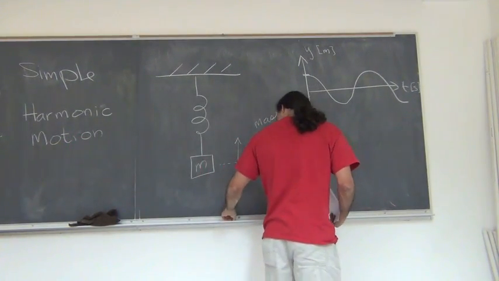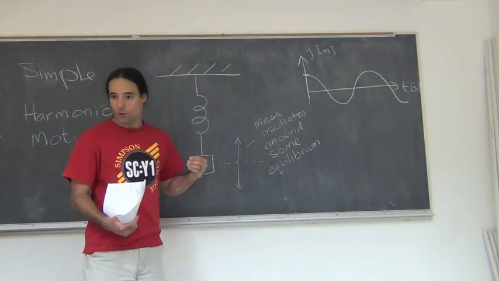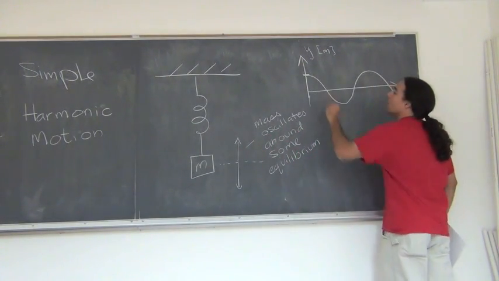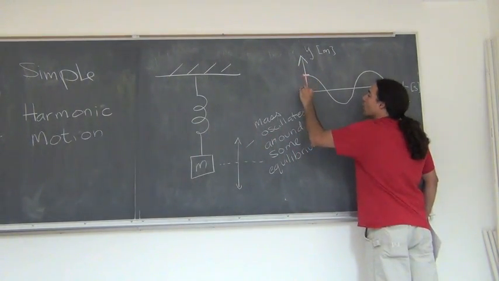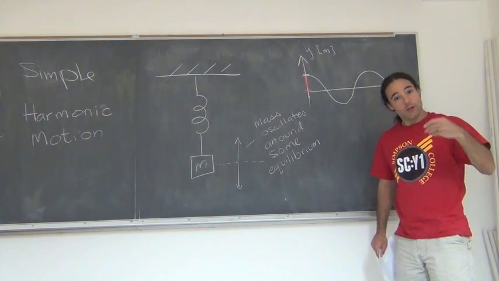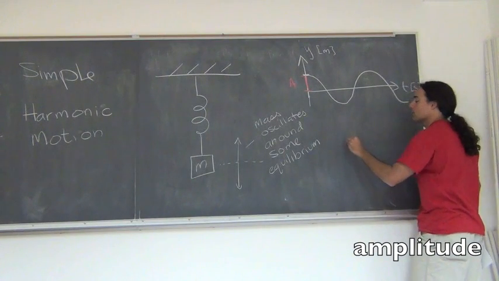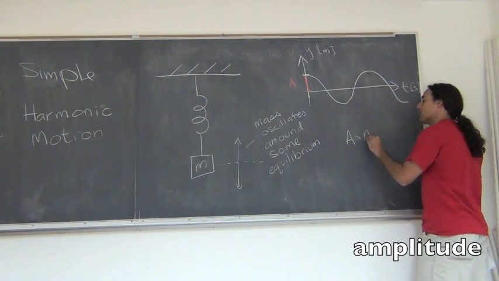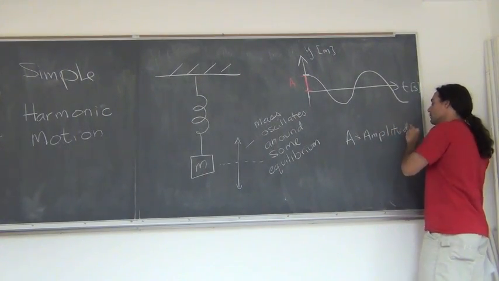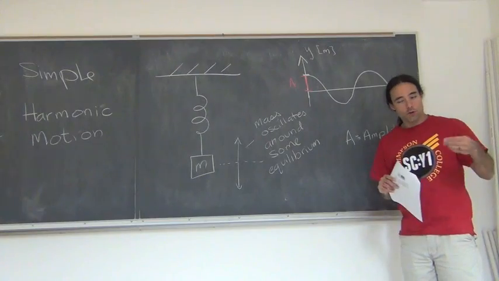Now, there are a couple of pieces to this motion that I want to talk about. One thing is I want to describe how big the motion is. So we call that the amplitude. So we say A is our amplitude. We could also talk about how long it takes for the motion to repeat itself.